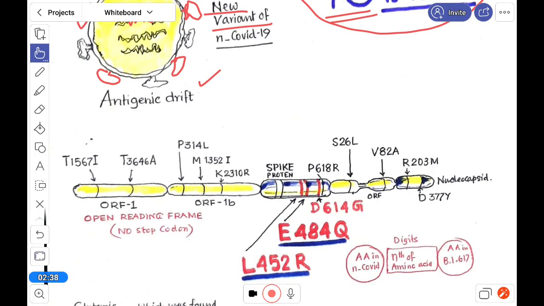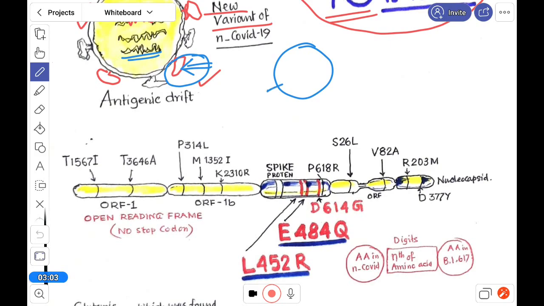Any virus has different parts: the spike protein as the outer covering, the nucleocapsid, and inside it the genetic material. But clinically our interest is the spike protein.